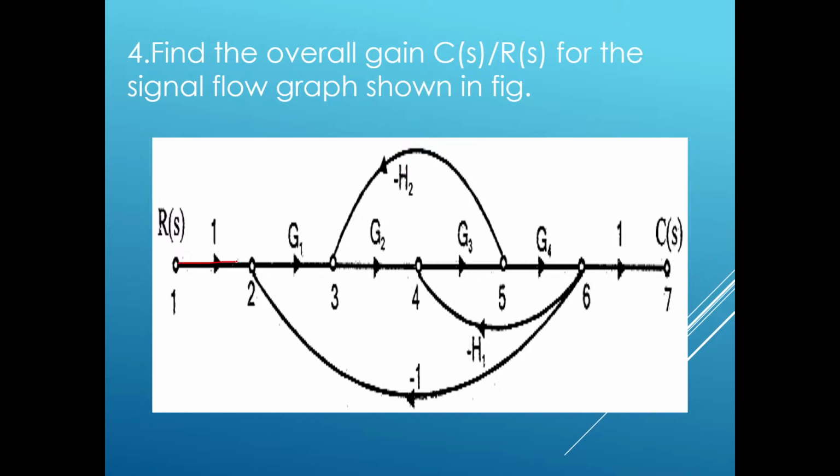Next, what else is there? From 1 to 2, 2 to 6, you can't go. 1 to 2 to 3, 3 to here, we can't go. From 4 to here, we can't go. So there is only one forward path. In this given signal flow graph, there is only one forward path.